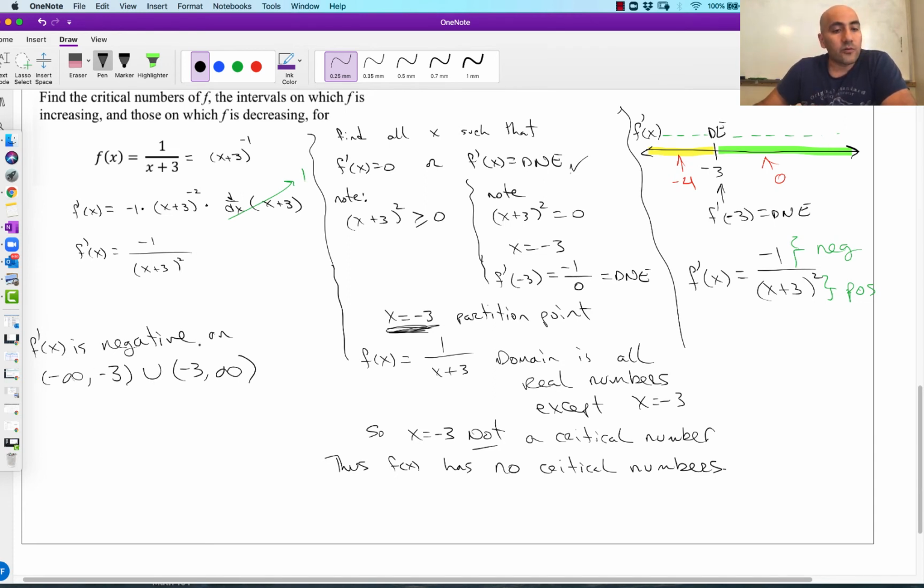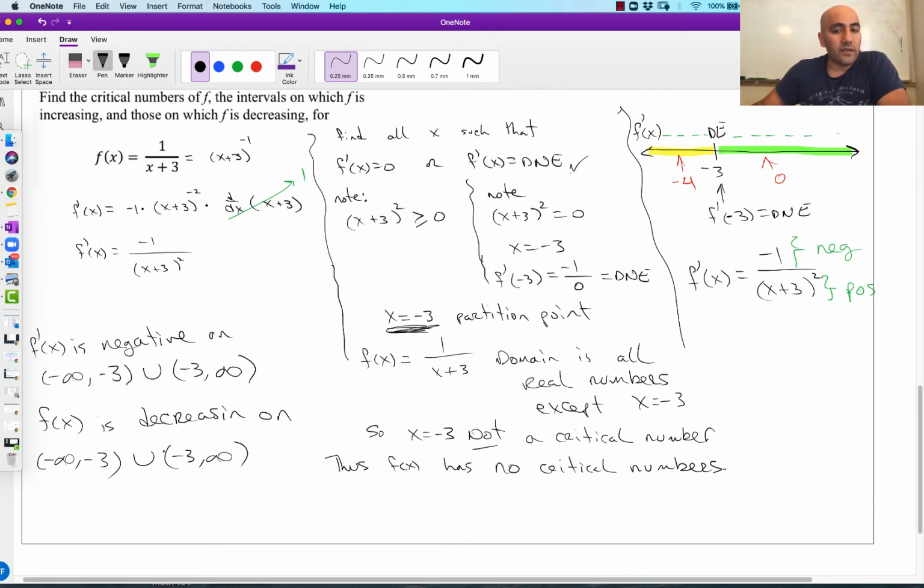But the first derivative is negative on this interval, so then we know that the underlying function f of x is decreasing on the same interval from -infinity to -3, unioned with -3 to positive infinity. Good? So there's only one point where the function is not decreasing.